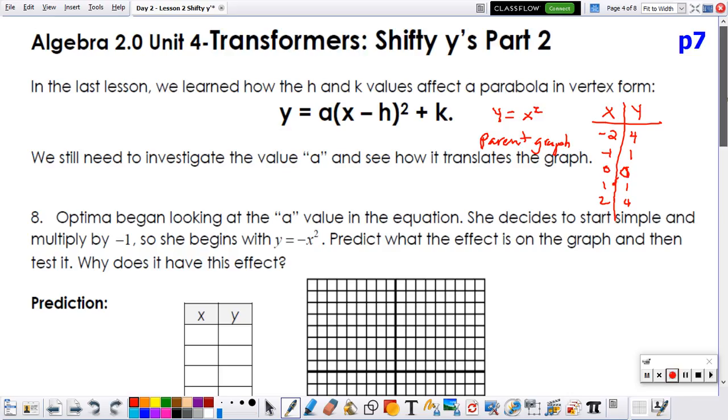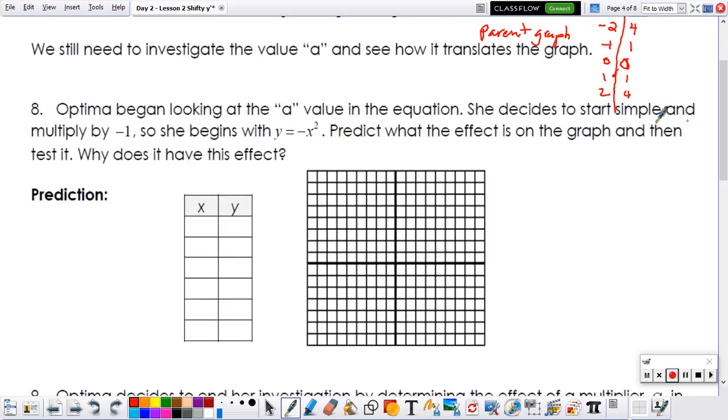Okay, so if we make a -1 and we've got y equals -x squared, predict what will go on the graph. So if I took all of these values that were just x squared, I'm going to recopy them here. So this is y equals x squared. -2 was 4.